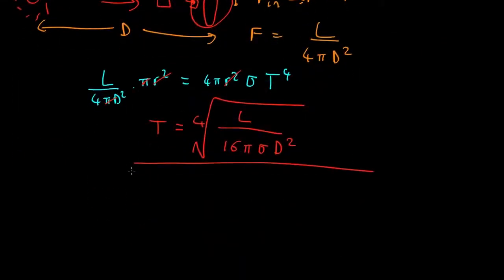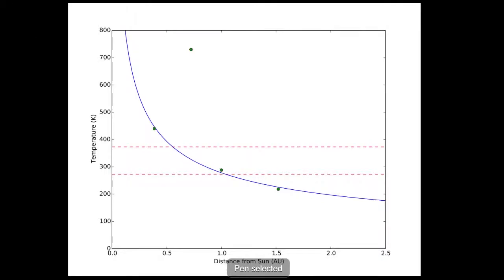So that's our prediction. How does it work in our own solar system? Here's our prediction. The blue curve here is the curve we've just calculated, and this is for our own sun. So what you see is the temperature goes down as you go away from the sun, as predicted. If this was correct, it tells us that the habitable zone for our own sun would be from about here.